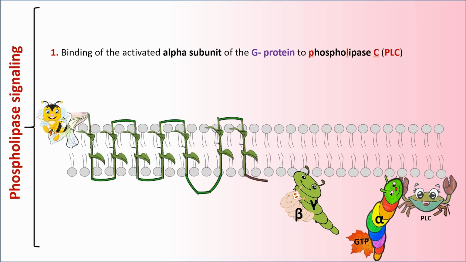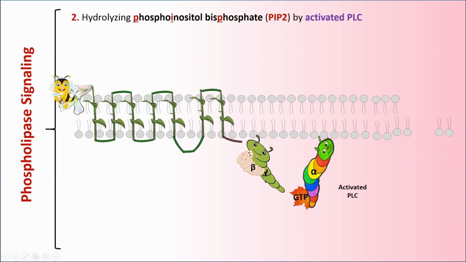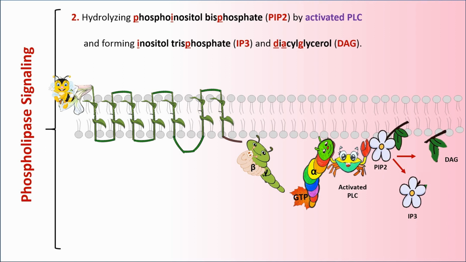Phospholipase signaling. Step 1. Binding of the activated alpha subunit of the G protein to phospholipase C or PLC. Step 2. Hydrolyzing phosphatidylinositol bisphosphate or PIP2 by activated PLC and forming inositol triphosphate or IP3 and diacylglycerol or DAG.